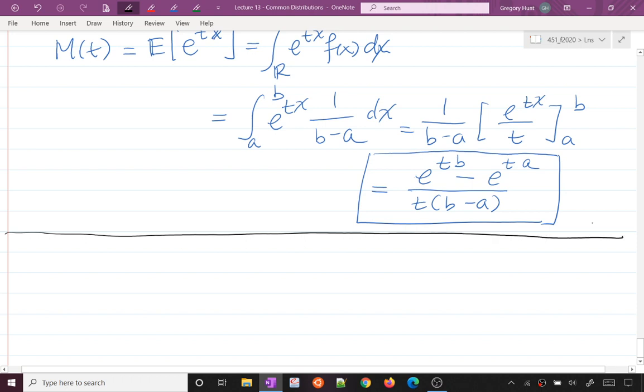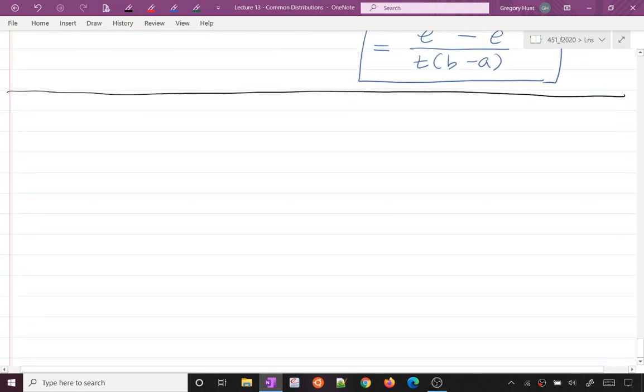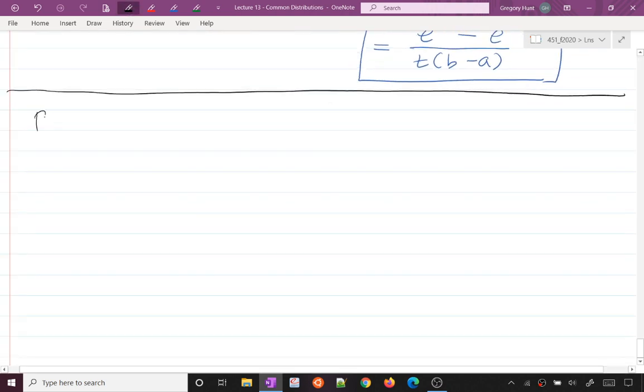So let's continue on to some other nice distributions. The last two distributions that we're going to look at today are one more discrete and then one more continuous. So the discrete distribution is the Bernoulli distribution. And this is a discrete distribution.